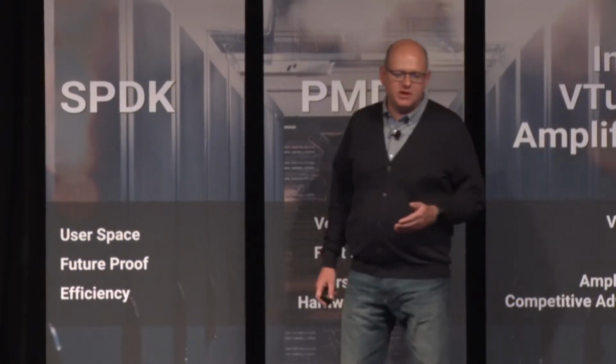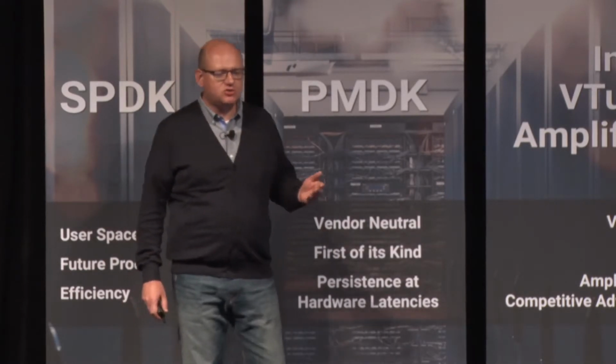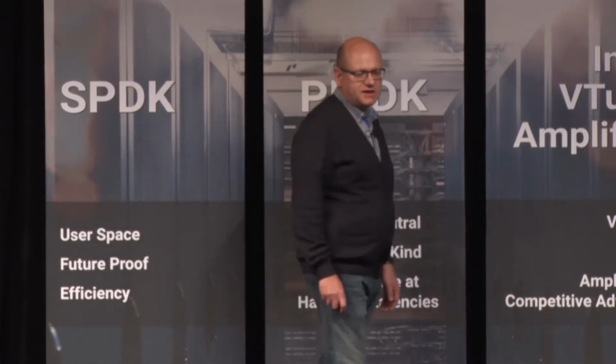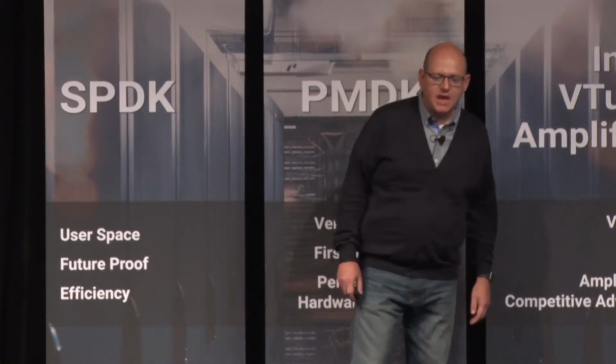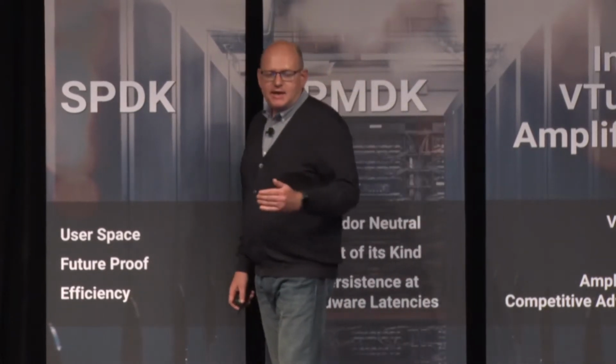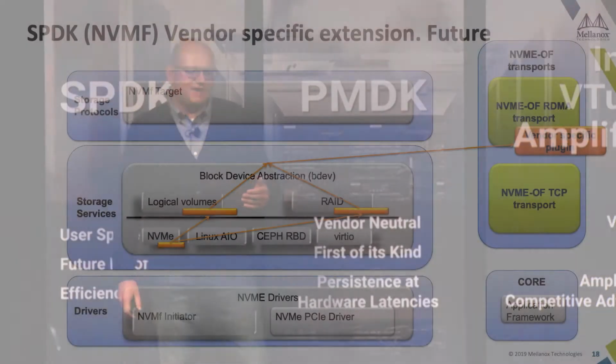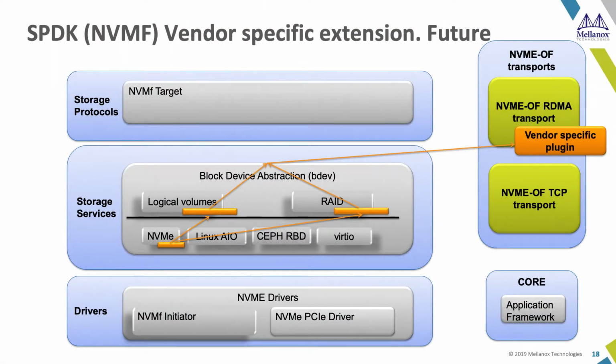If we have a new interface, we should use it in the RDMA transport, and we also changed the NVMe Fabric Target library. And unfortunately, we have to break the nice bdev abstraction because we need access to underlying properties of the NVMe drive, like queues and doorbell, and we did it.